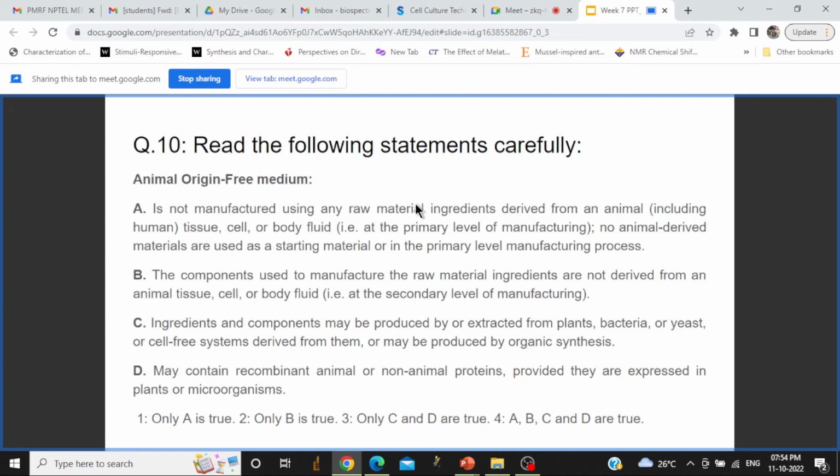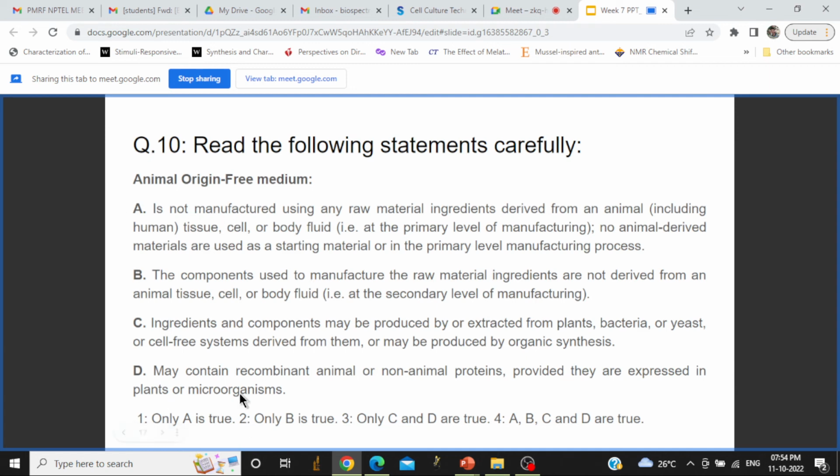So when you order your media, if this is written animal origin free media, or in some cases if you specifically need the animal origin free medium for your cell culture, you should remember all of these things.